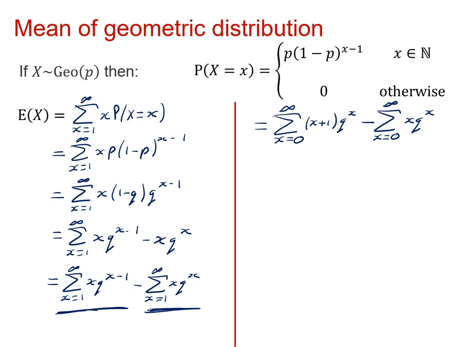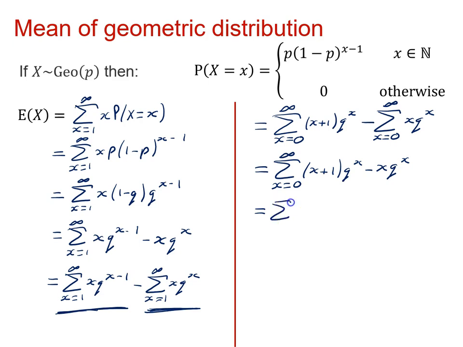Once I have those, I've got two of the same limits, so I can now combine those back together. So I have the sum from x equals 0 up to infinity of (x plus 1) q to the x minus x q to the x.